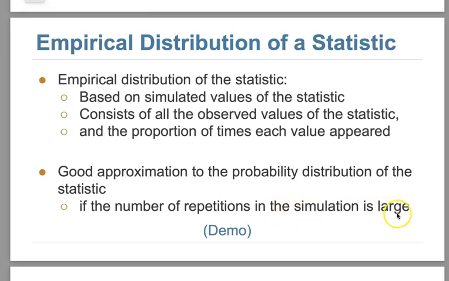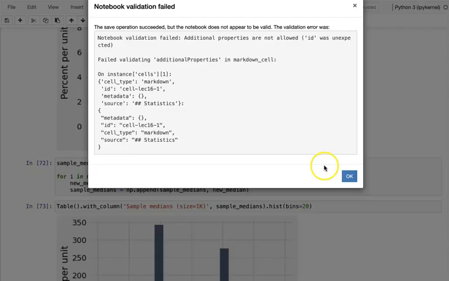We are not only doing 10 times, or 5 times, we do maybe 1,000 or 2,000 times. After we repeat so many times, the empirical distribution will be much closer to the population distribution. Okay, let's see the example.